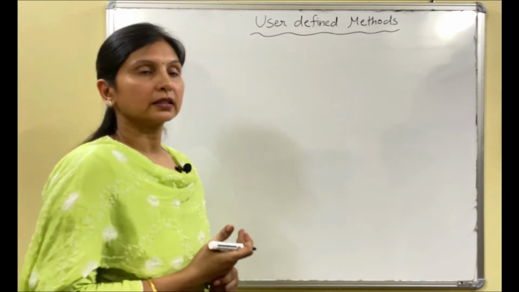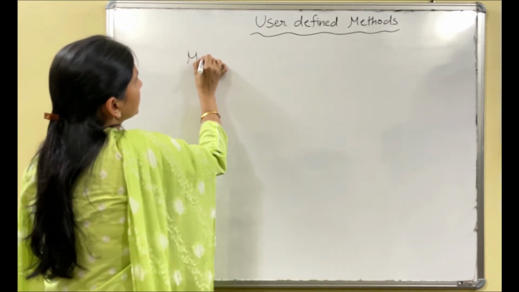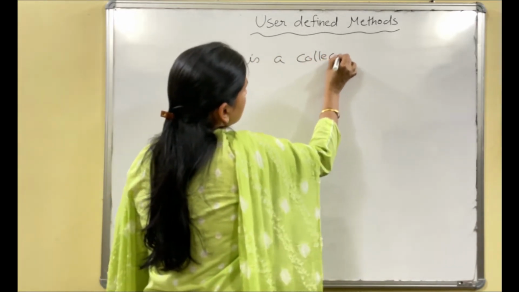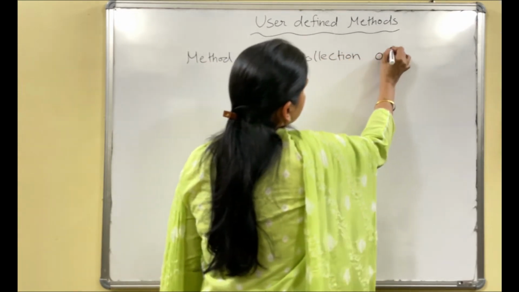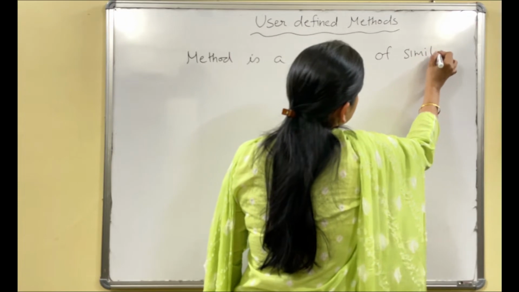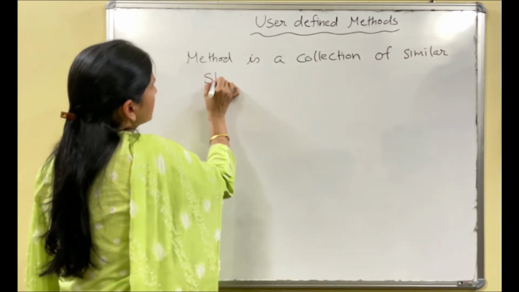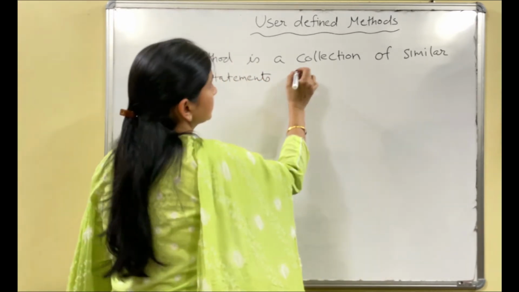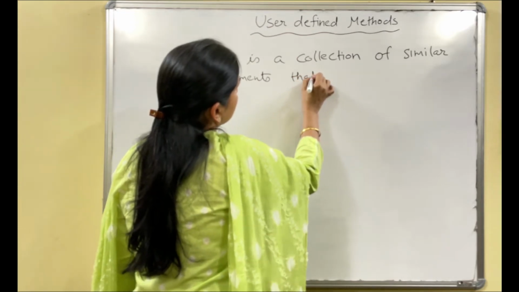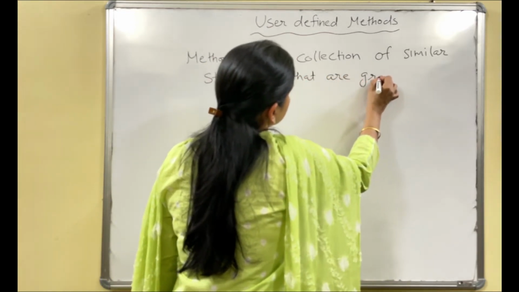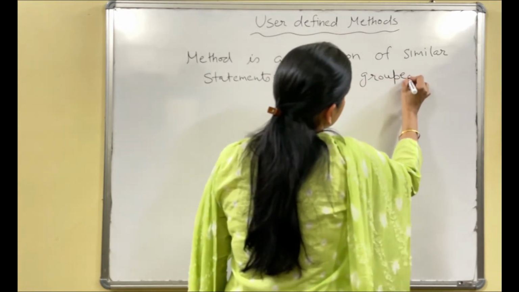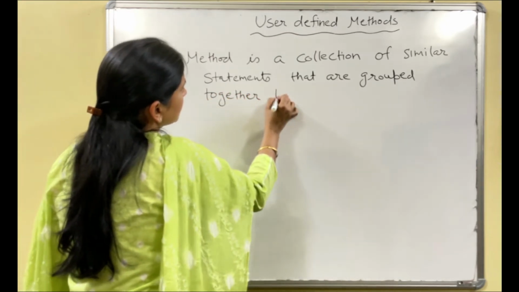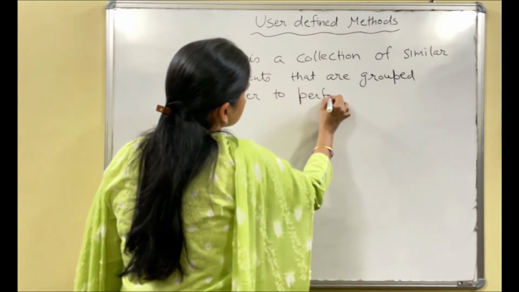Before the syntax of a method, if you want to write the definition, you can write: a method is a collection of similar statements that are grouped together to perform a certain task.